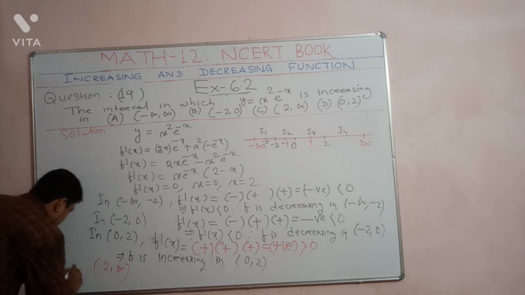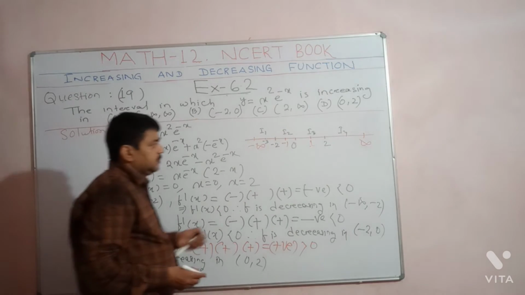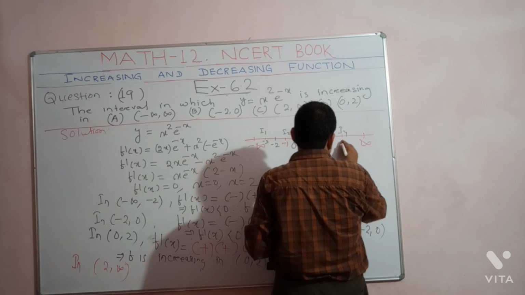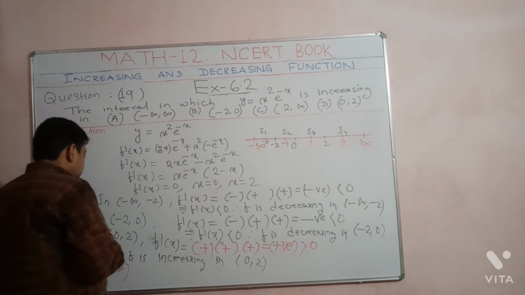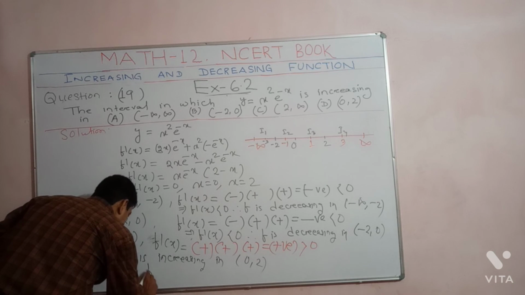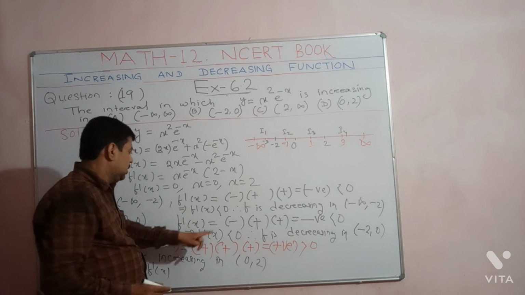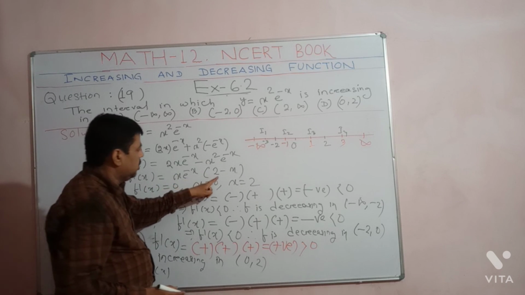In the interval 2 to infinity, you can take the x value more than 2, suppose 3. Let's see now what f dash x is. Your f dash x is equal to x into e to the power minus x, whole into 2 minus x.